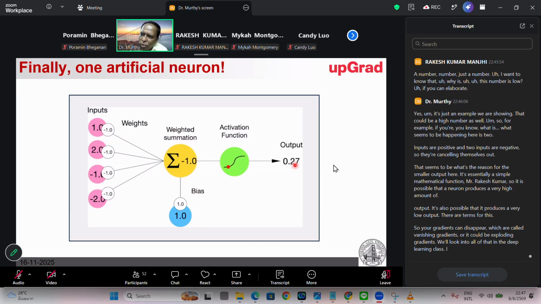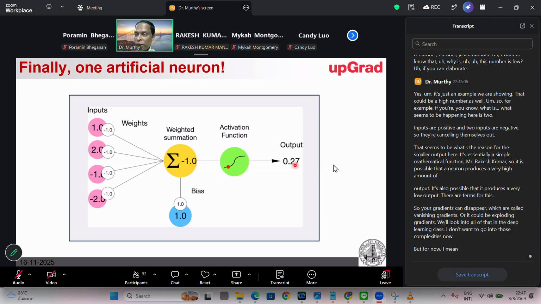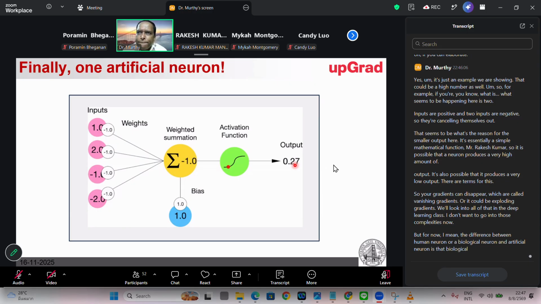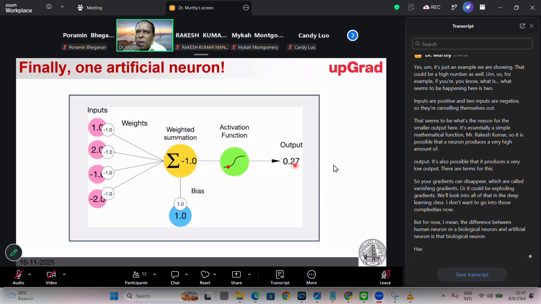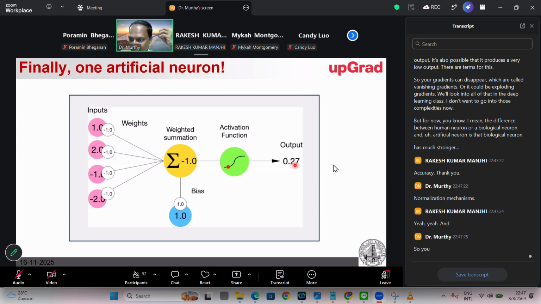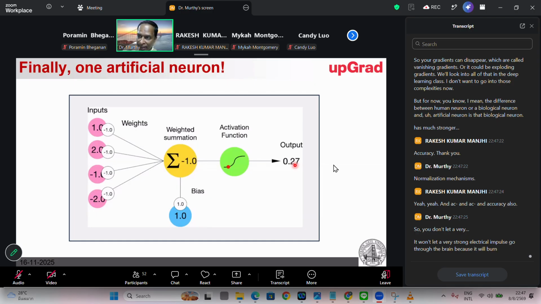I don't want to go into those complexities now, but for now, the difference between a biological neuron and an artificial neuron is that the biological neuron has much stronger normalization mechanisms, and accuracy also. It won't let a very strong electrical impulse go through the brain because it will burn the network, right?